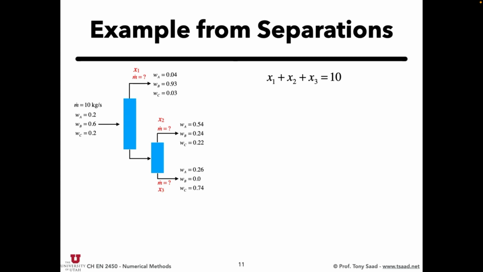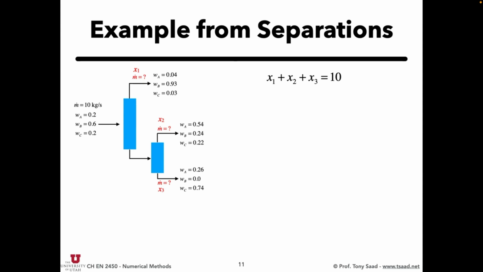Are there any reactions in these compounds? No, they're not changing or disappearing. Compound A stays as compound A, and likewise for B and C. So the mass flow rates of compounds A, B, and C are also conserved.